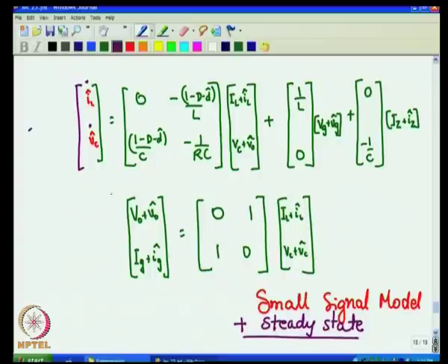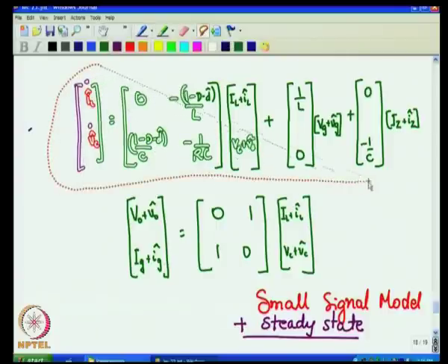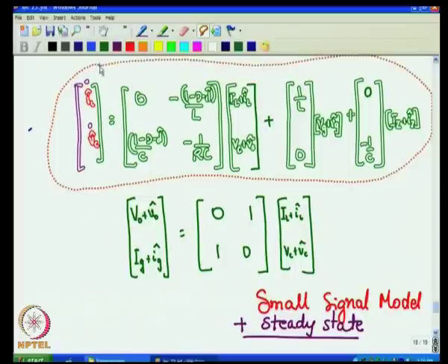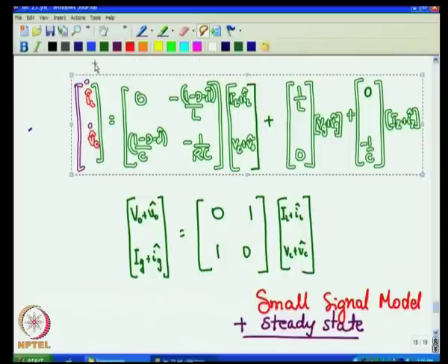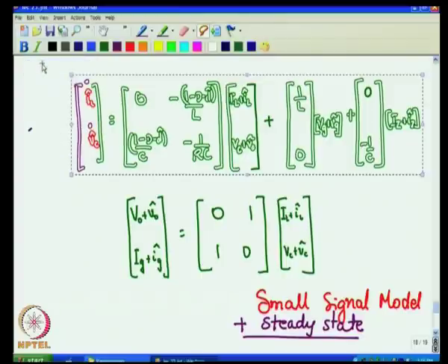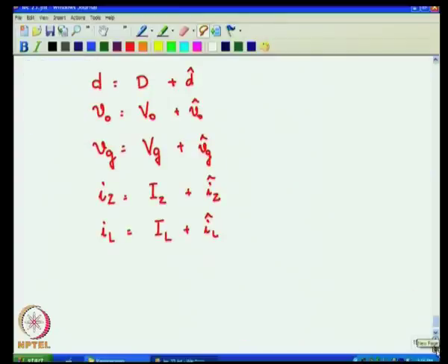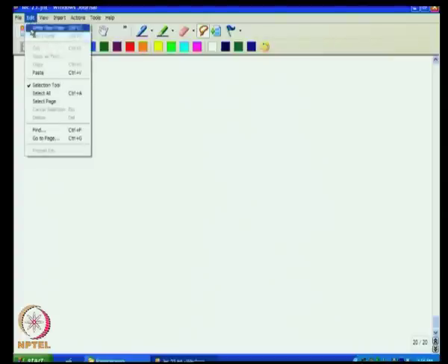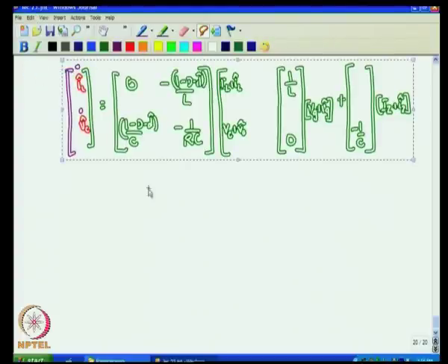And here we shall perform a few operations. For that, let us take this portion into a new page, copy that.